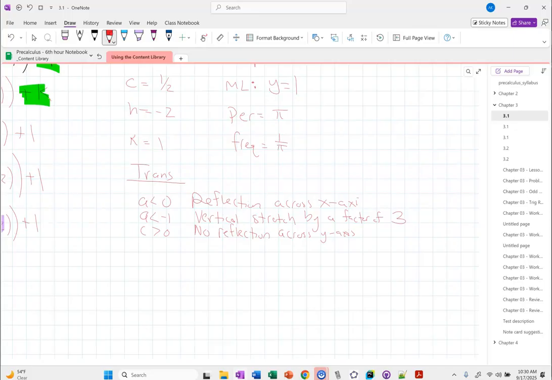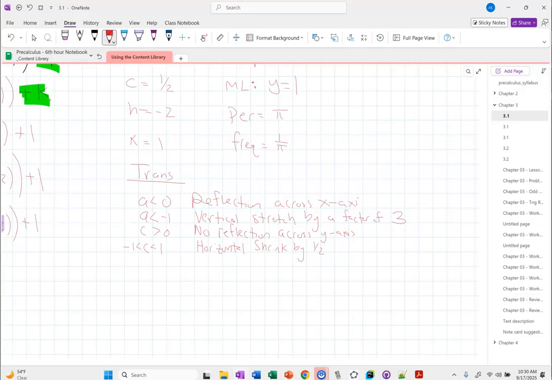Should there be a horizontal shrink by 1/2? Great. Because the C is between -1 and 1.